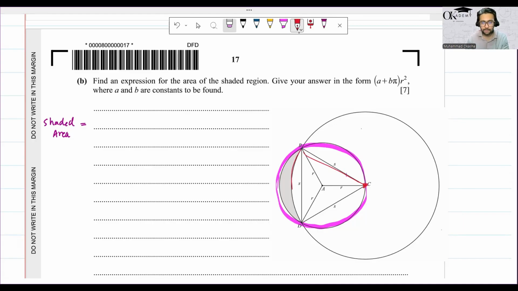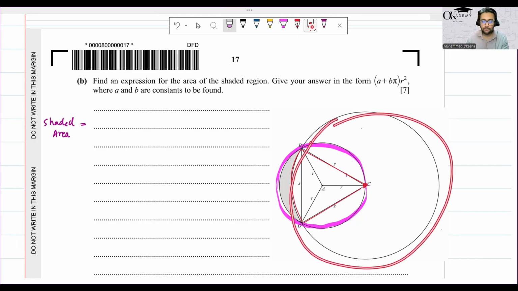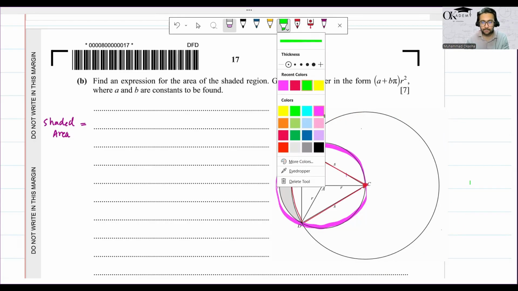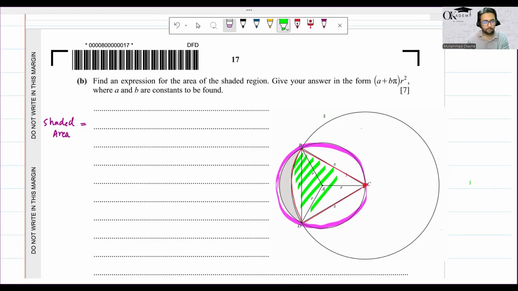Do you notice it as the sector of a bigger circle? C is the center of a bigger circle. This is the bigger circle. So this area being shaded in green is a sector of the bigger circle, right? So that's the first thing I'll subtract.